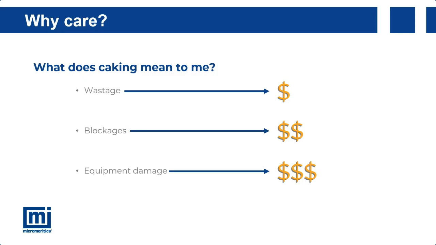In some cases, it's even possible for caked powder to cause damage to the process equipment, which can have devastating consequences for obvious reasons. With this in mind then, understanding not only when caking happens, but also why and in what way it happens, as well as its impact on process, is of critical importance in many industries.